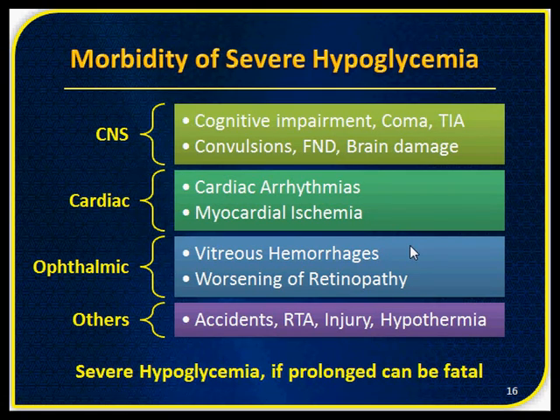Ophthalmic: vitreous hemorrhages can occur, and retinopathy will worsen. It is known that the swings in blood sugar between hyper and hypo are the cause of worsening retinopathy. Others: the patient may end up in an accident, particularly road traffic accidents, may injure themselves, or there may be hypothermia. Remember, severe hypoglycemia, if prolonged and untreated, can be very fatal.